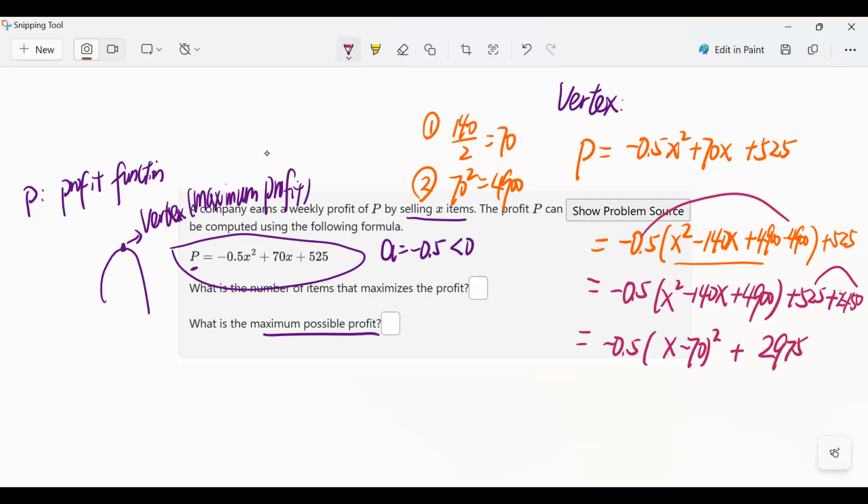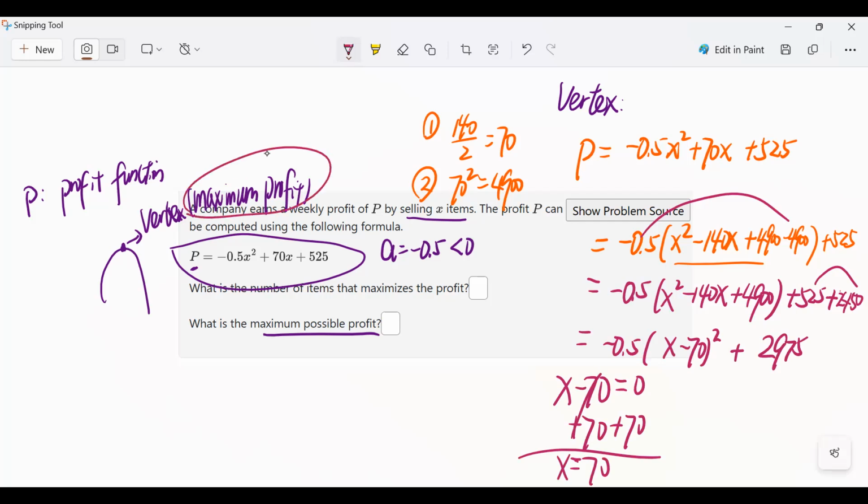Yeah, so now we just find the vertex by saying x minus 70 equals 0, meaning they need to sell 70 items in order to maximize the profit. And then once you plug that in, the maximum profit is going to be this, 2,975.